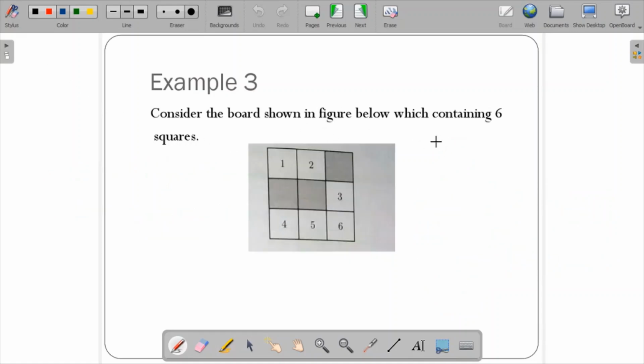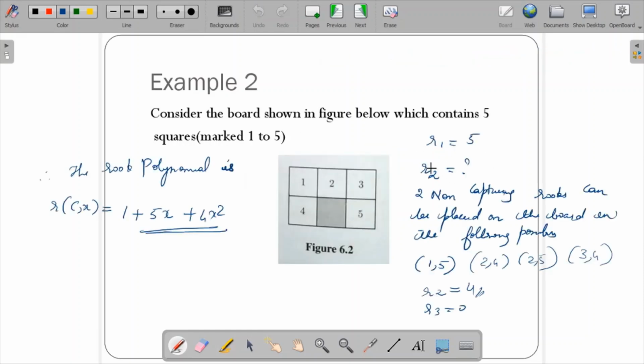From this board you clearly came to know the formula R of C of x is equal to 1 plus R1 of x plus R2 of x square plus R3 of x cube, and so on, Rn xn. This is the formula. From this board you came to know that 1 2 3 4 5 6, R1 value is 6. R2, you should write the same statements again. 2 non-capturing rooks can be placed on the board.